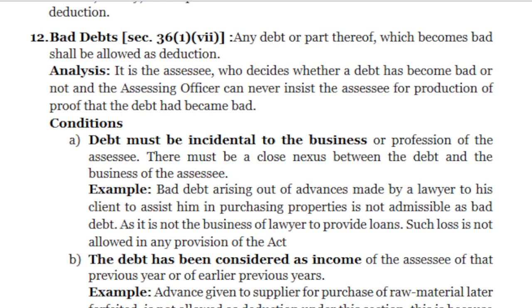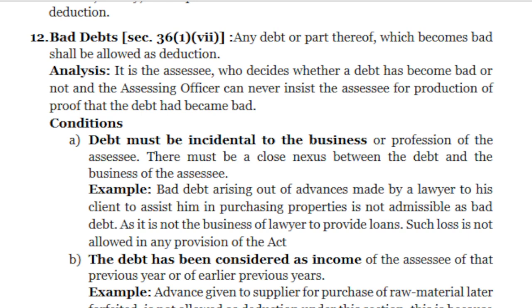Somewhat you can, but it is a controversial issue. That's why the income tax department said if you have declared it as bad debts in your accounts, that's it. The assessing officer cannot ask you to show some proof. Now, how can you claim it as bad debts?